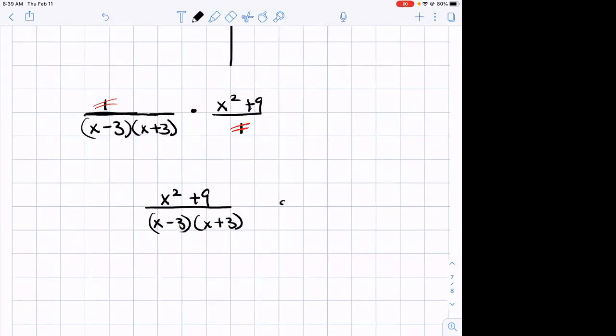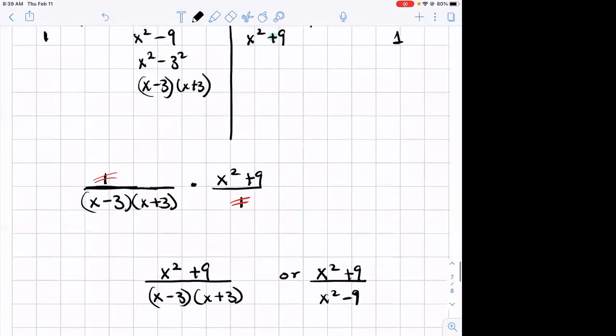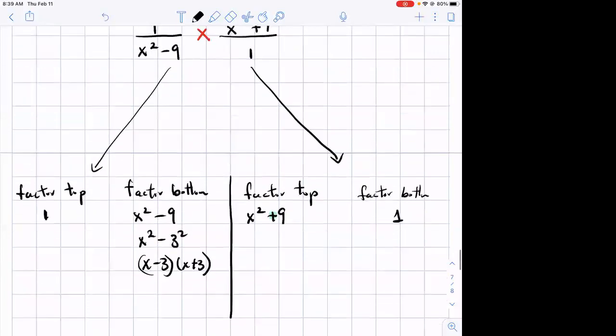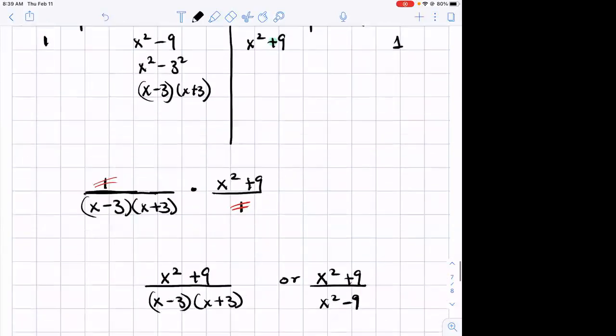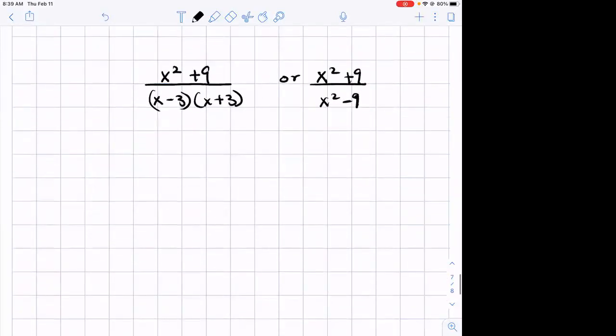Or you could have written it as x squared plus 9 over x squared minus 9. Either one of them. So the key here is that you have to change that sign first and then flip. And then it just becomes a multiplication problem, right? It's only a multiplication problem.